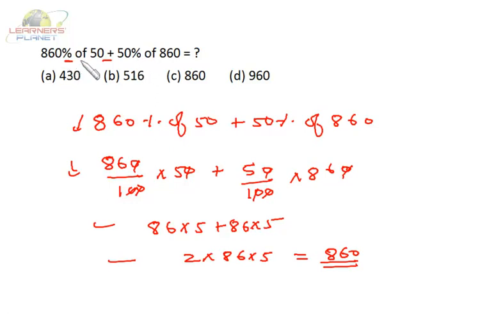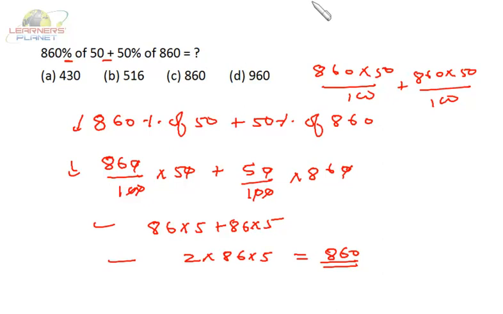So it doesn't matter where you put this percentage sign. In both the cases you are having 860 into 50 by 100 plus 860 into 50 by 100. Or in other words, in both the cases you are calculating 50% of 860. That means 50% of 860 plus 50% of 860.